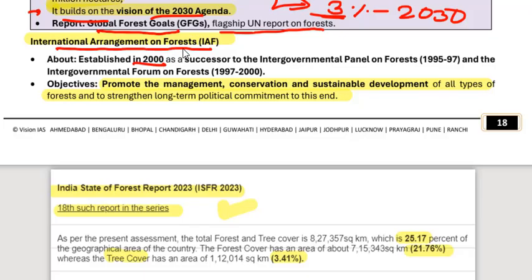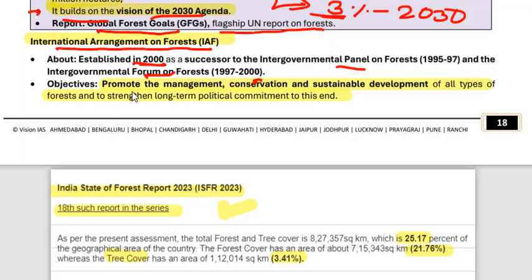Initially it was a panel, then a forum on the forest, then the international arrangement on the forest from the year 2000, and this is continuing.